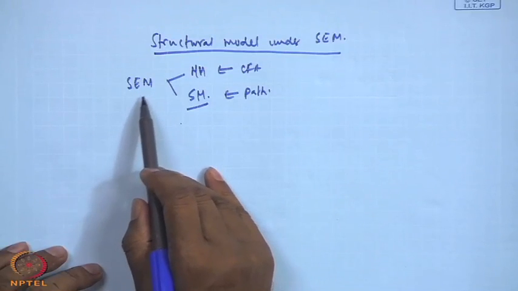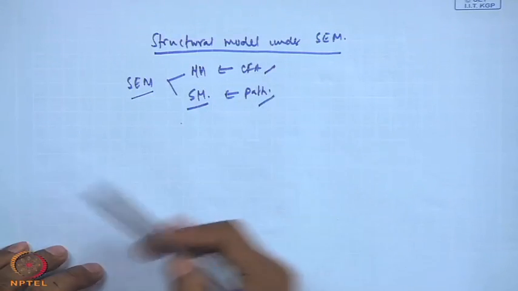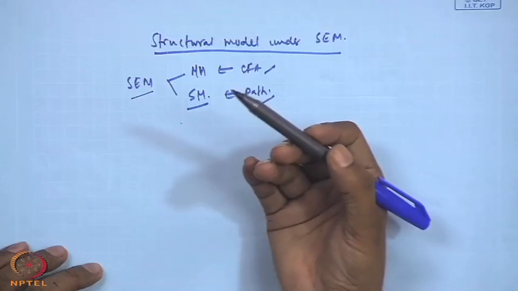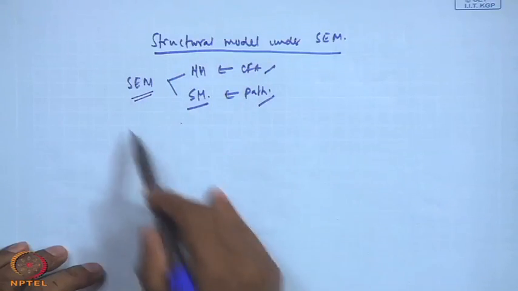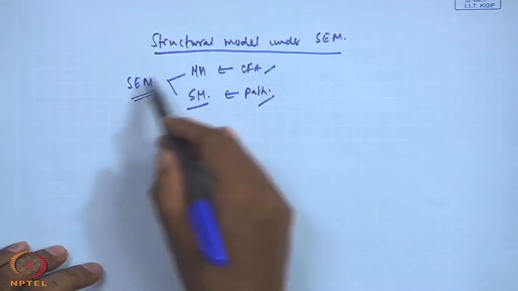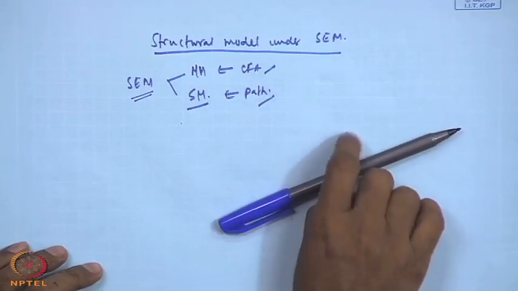In addition, if time permits, I will tell you the total structure. It need not necessarily be true that you always have to divide the structural equation model into two separate models and estimate them separately. There is no hard and fast rule. You can go for one-time estimation considering both your measurement and structural model together.